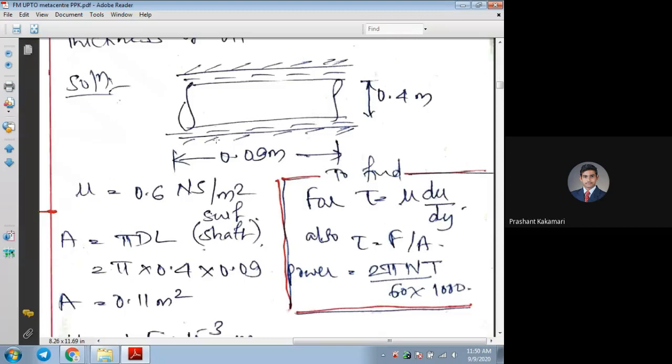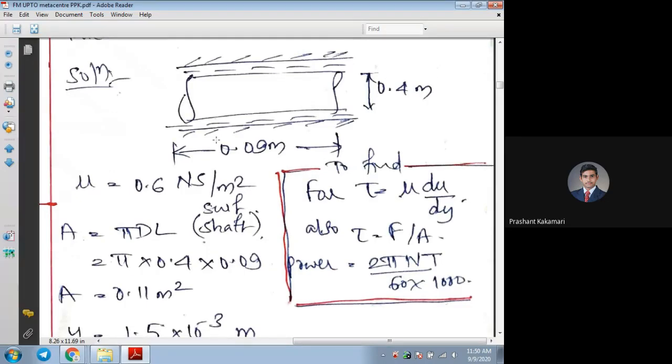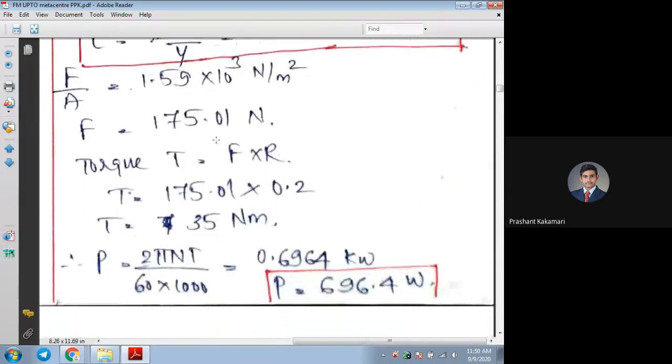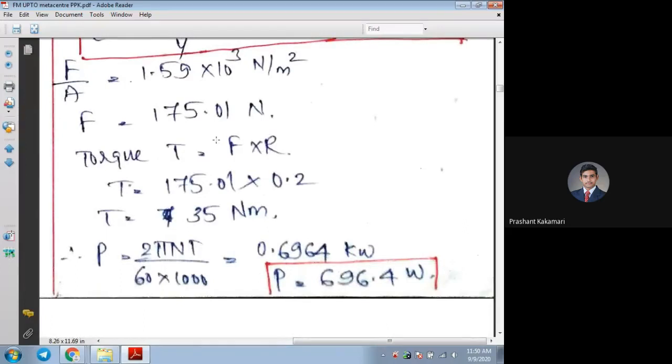To rotate this shaft, some extra power is lost. That minimum power lost to rotate the shaft is almost 0.7 kilowatt. If at any time I apply power less than this 0.7, I cannot rotate the shaft, because the resistance of the liquid, or the viscosity of the liquid itself, is more than the power applied.